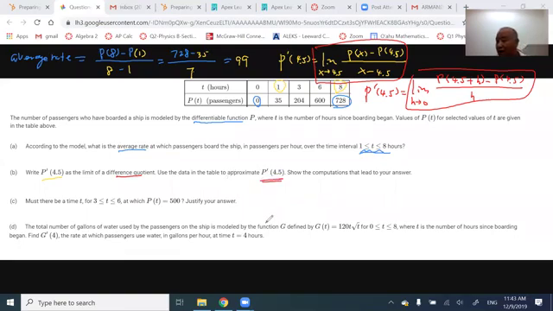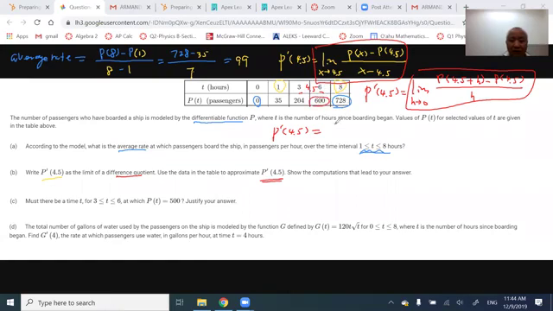So if you want to approximate, right? What we're going to do is this. We can make this one equal to, so we put it here, okay? So P prime of 4.5, approximately. 4.5 is in between 3 and 6, right? So we can go by the values.